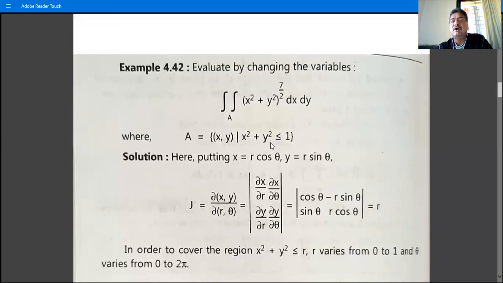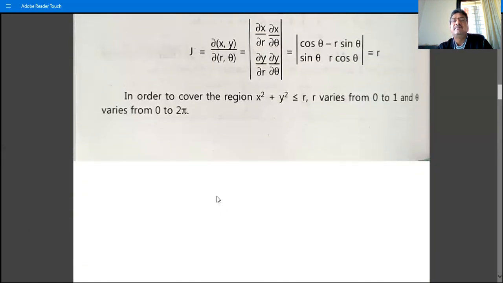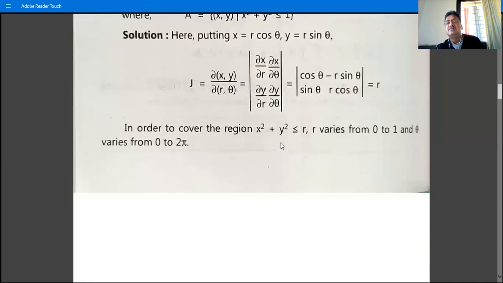In order to cover the total circle, we have to move theta from 0 to 2 pi. If there is wording in the question that it is in the first quadrant, then theta runs from 0 to pi by 2. So to cover the whole circle, x square plus y square equal to 1 is the circle of radius 1.